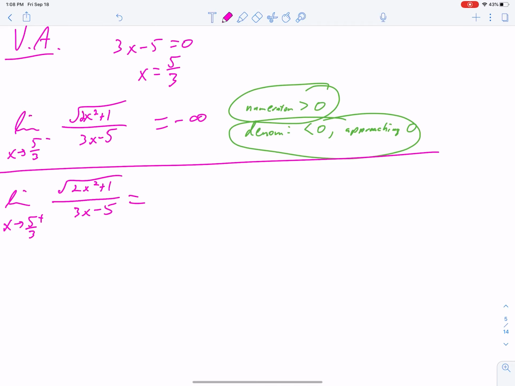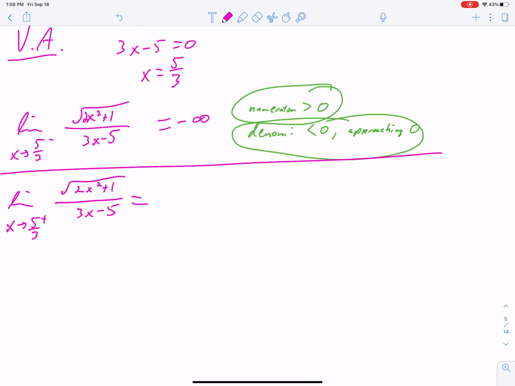Okay, it's going to be the same logic. If we plug in numbers above 5/3 but approaching it, our numerator is still going to be positive.